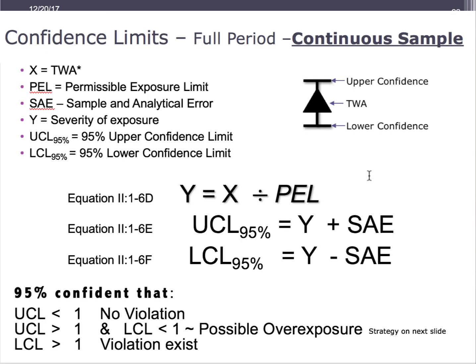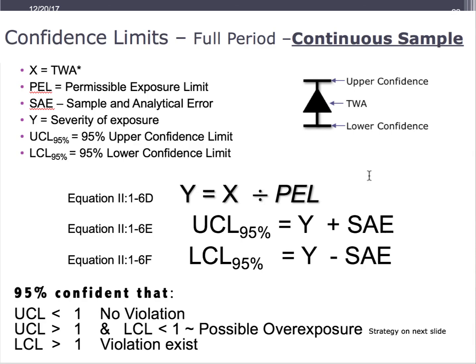Although X is the concentration, if you only have one sample, the concentration becomes the time-weighted average. It necessarily is the same. So our first step is we calculate the severity, which is your time-weighted average divided by the PEL. And then you calculate your lower and your upper confidence limits by subtracting and adding the standard analytical error to your severity.